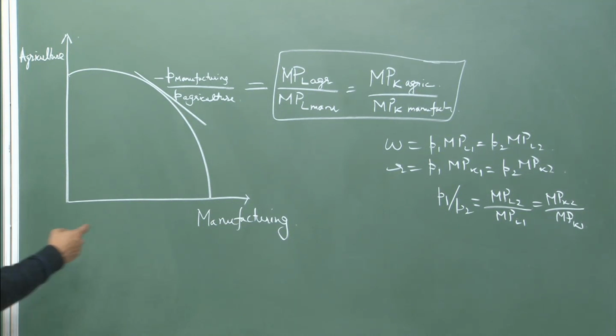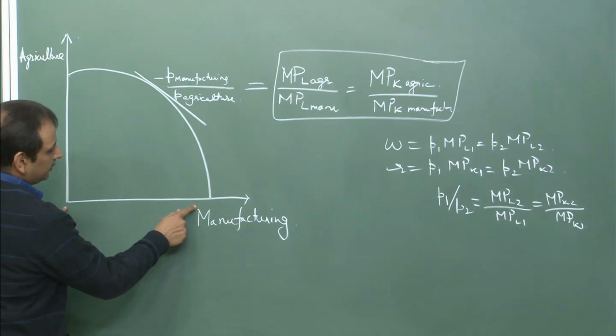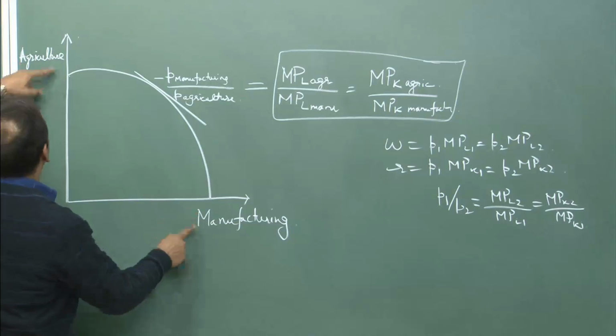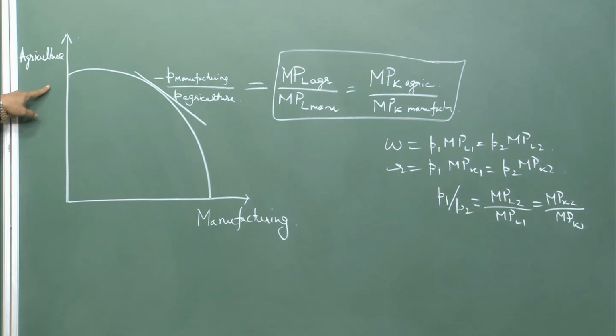So if you are moving from left to right, if you increase the production of manufacturing, you have to decrease the production of agriculture.